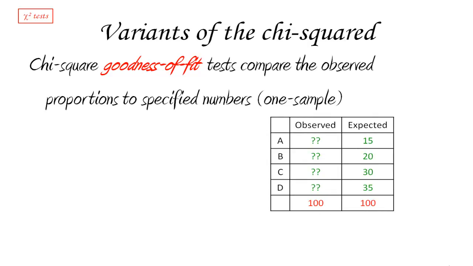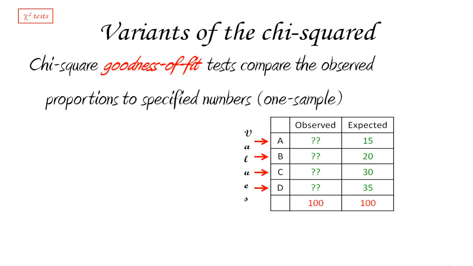So for instance, what we may have is a nominal variable with 4 possible values A, B, C, and D, and we may have an expectation that the proportions of those values are as given there, 15, 20, 30, and 35. And then we may ask, well, is that true? Are those numbers actually correct or reasonable in our population?